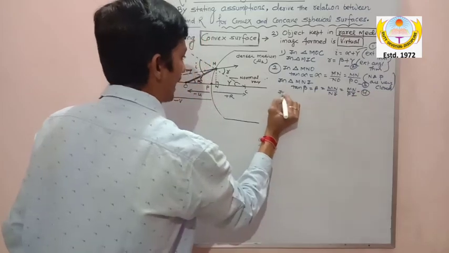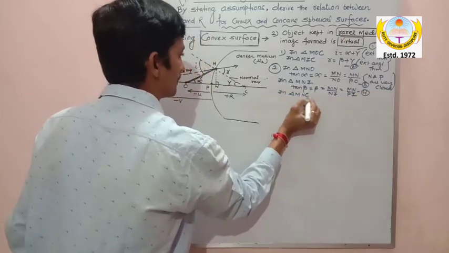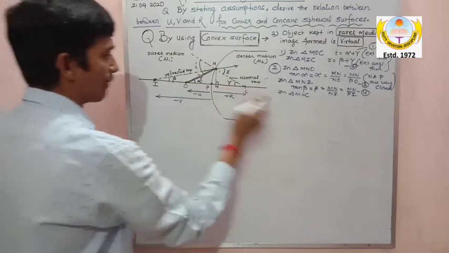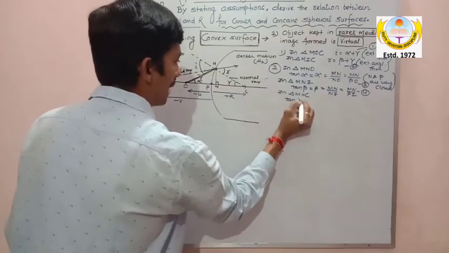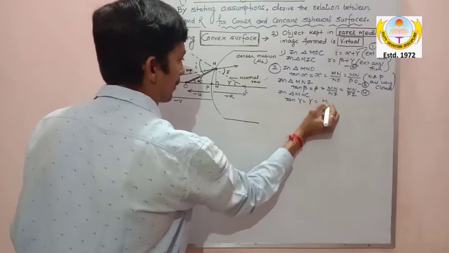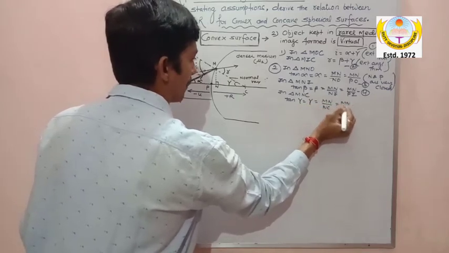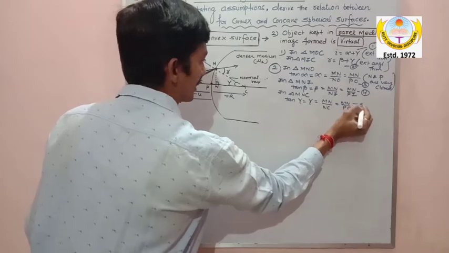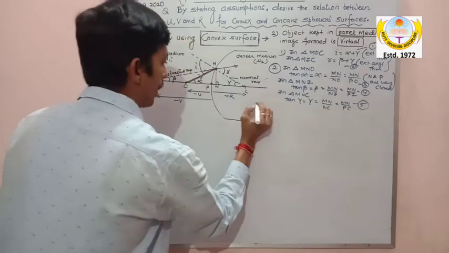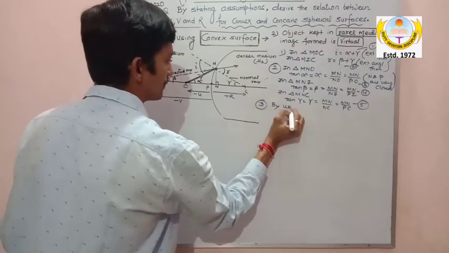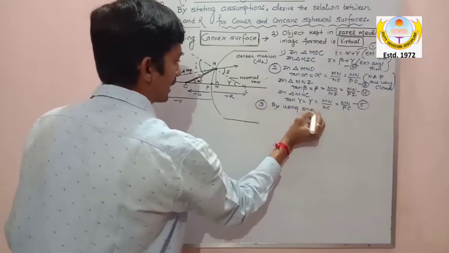Now similarly in triangle MNC, tan gamma is equal to gamma, which is equal to MN upon NC, which can be written as MN upon PC. That is equation number 5. Now concept number 3, by using Snell's law.